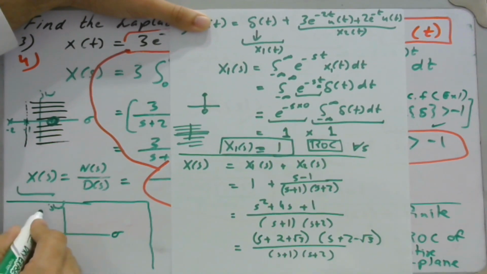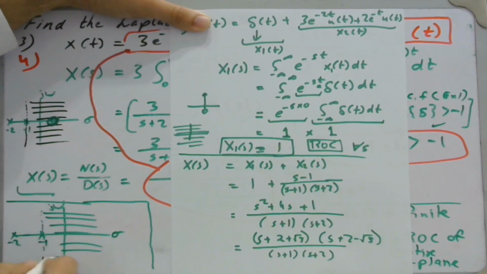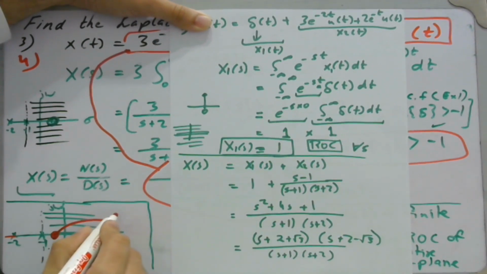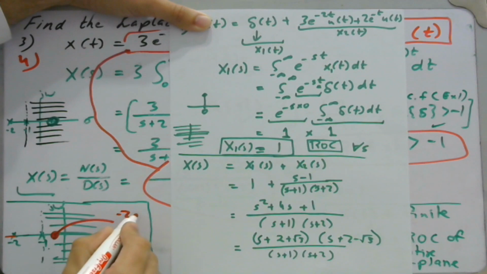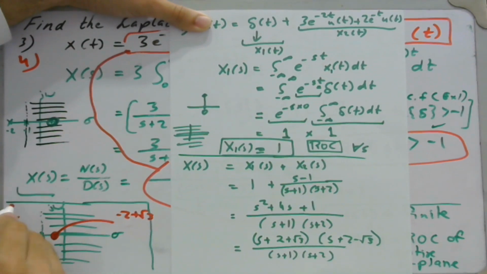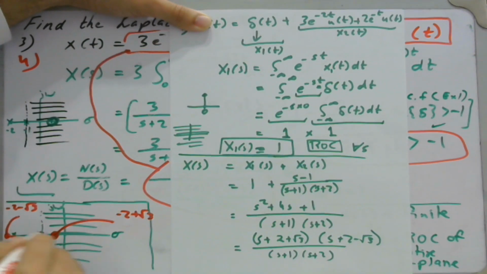The overlapping region would still be the same, but we also have zeros over here. The first zero is around here, which is when the value is -2 plus root 3, and similarly we would have some value over here which is -2 minus root 3. So two zeros and two poles.